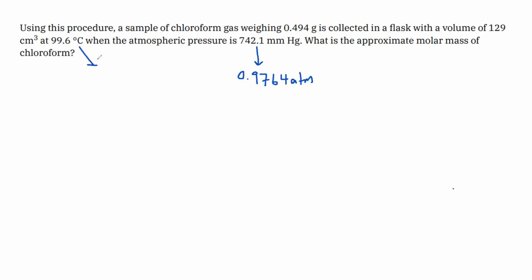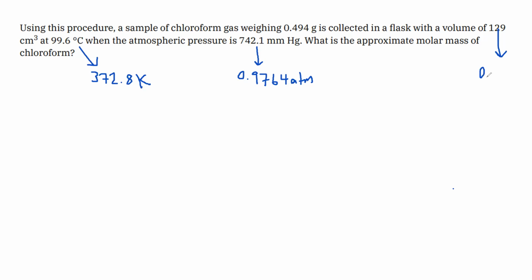And then the temperature, Celsius, we've got to convert it to Kelvin. So to that 99.6 degrees Celsius, we'll add 273.15. And we're going to get 372.8. The cubic centimeters, remember a cubic centimeter is really a milliliter.